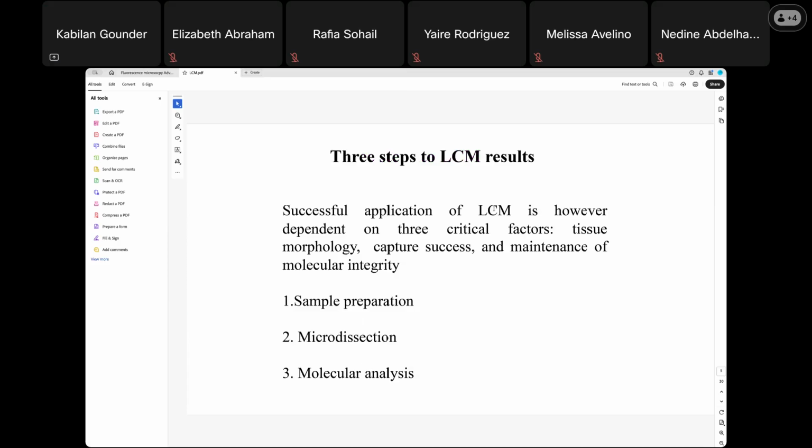So based on these three steps of laser capture microdissection, the successful application of LCM, however, is dependent on three critical factors. One is the tissue morphology, capture success, and maintenance of molecular integrity.